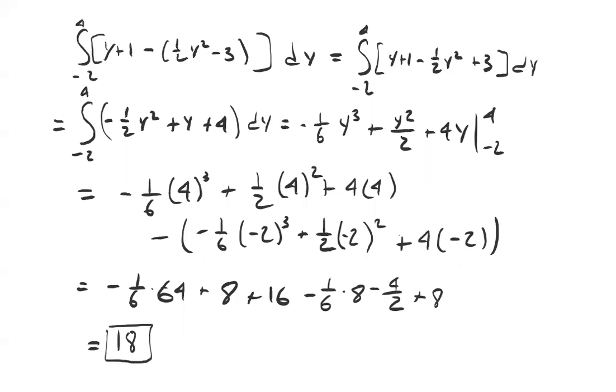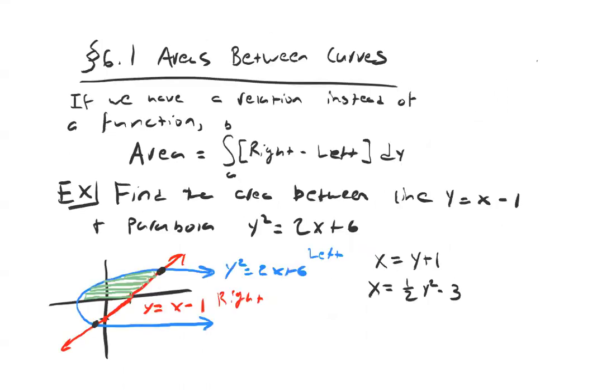So this is where maybe having that non-graphing calculator is beneficial. But again, it's not too much different from what we've seen before. If you notice that you cannot write this as y is equal to something, then instead of integrating the top minus the bottom, you're going to do right minus left to make y your new variable.